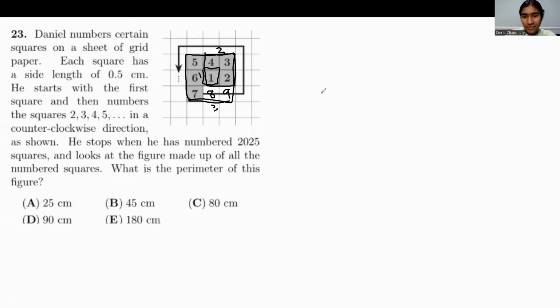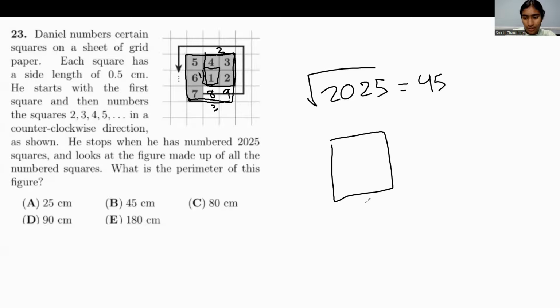Now it just so happens 2025 is a perfect square, and its square root is 45. So the figure at that time would be a square with a side length of 45. So you'd think its perimeter is 45 times 4 to account for all sides. However, each square has a side length of 0.5 centimeters.